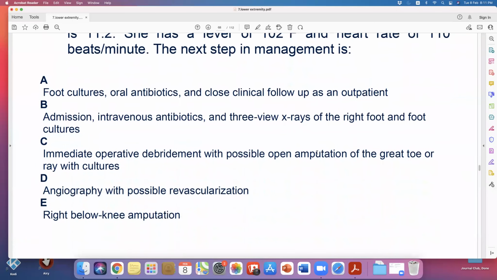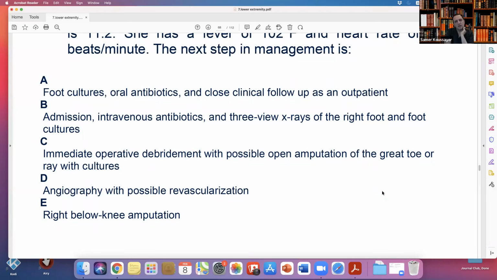A foot culture, oral antibiotics, and close clinical follow-up as an outpatient. No. She's septic. We cannot do it like this. Admission, intravenous antibiotics, and 3-view x-rays of the right foot and foot cultures.